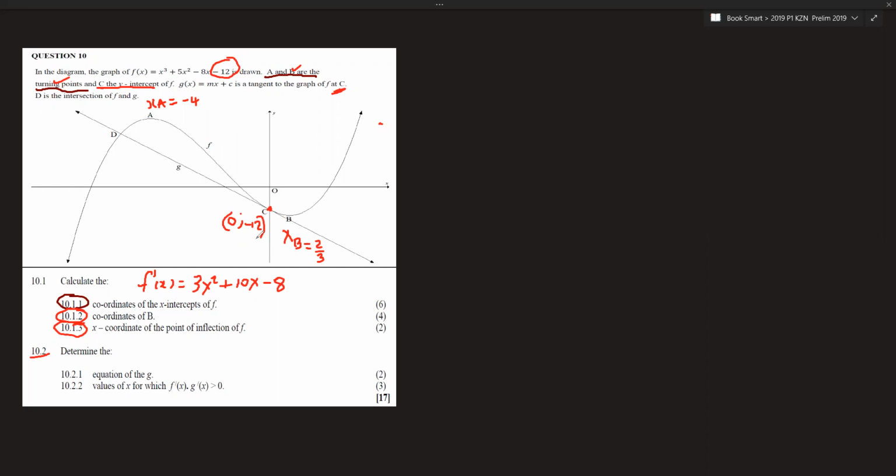So now, let's see. To get the equation of a tangent, remember it's y equals to mx plus c, where c is the y-intercept, right? So I already know that my y-intercept is -12 in this case. It was already given. Does that make sense? Awesome. So now the only trick that I need to know is to get the gradient.